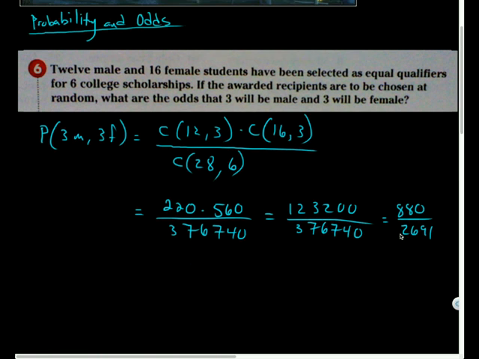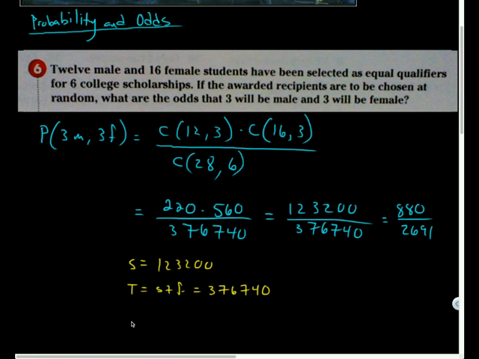And I could also represent this as a percent or decimal if I wanted to. So that's the probability of it. And I just want to point out that S was the 123,200. T, or S plus F, was the 376,740.